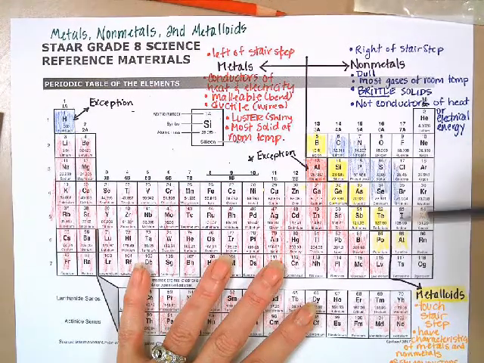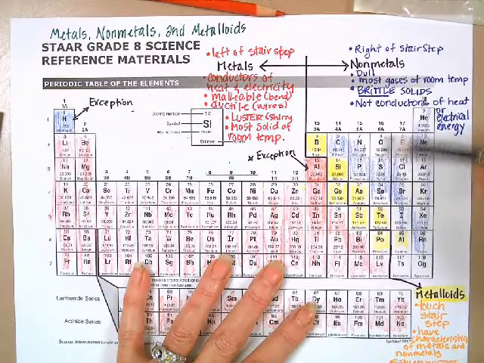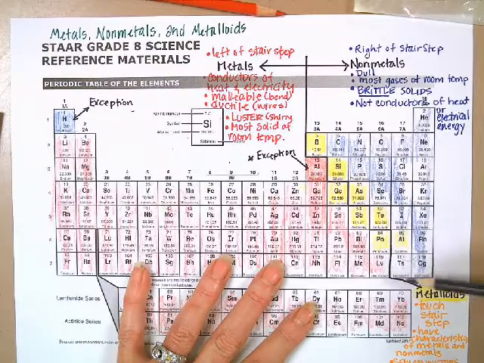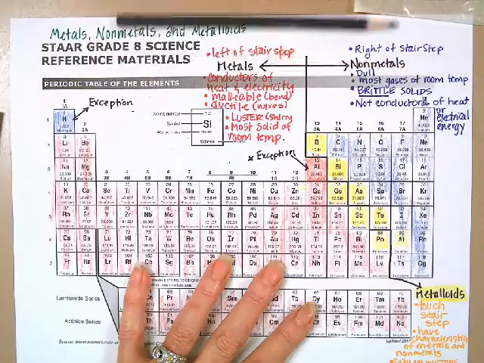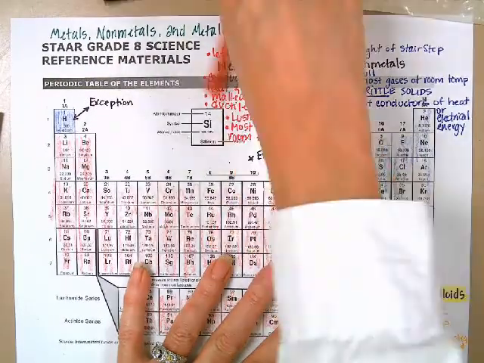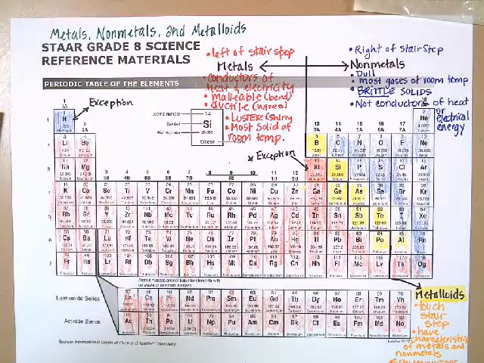And then we're just going to shade these in over here. All right, so now we have our characteristics listed for our metals, nonmetals, and metalloids.